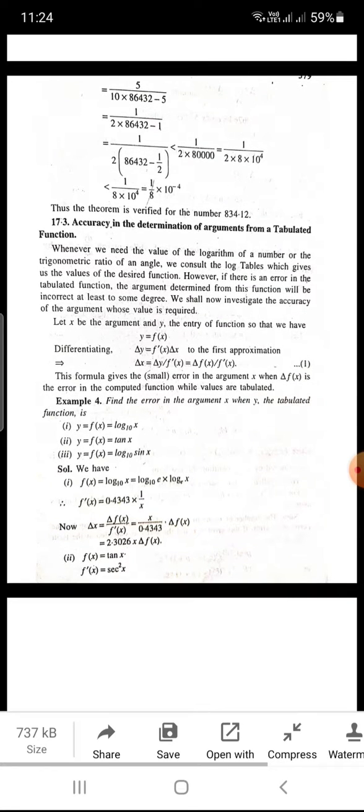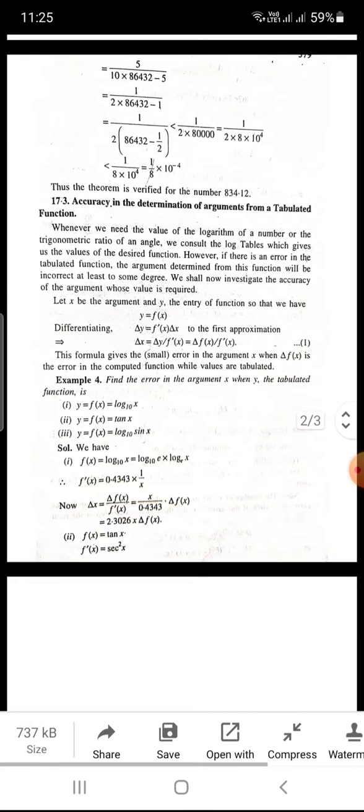This becomes delta x is equal to delta y upon f dash x, which is equal to delta f(x) upon f dash x. So this formula gives the small error in the argument x when delta f(x) is the error in the computed function while values are tabulated. This can easily be understood by this example.